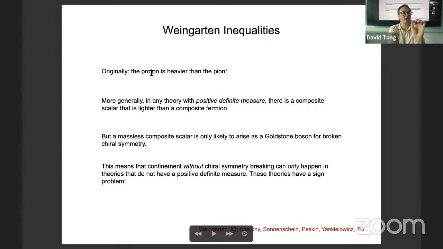And the method to prove this is essentially the same as the methods that Vafa and Witten used to prove their various Vafa-Witten theorems, that parity is not spontaneously broken and that theta equals 0 is the minimum of the energy, and so on. In fact, the Weingarten paper came out at exactly the same time as Vafa-Witten. I think they were published within 1 or 2 weeks of each other.